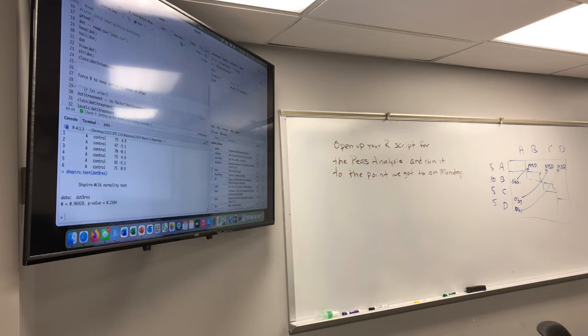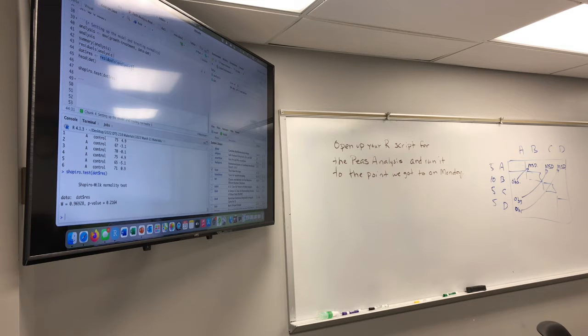We are trying to get all the residuals. And so what we do is we run the analysis, but we are running the analysis so that we can get the residuals, because it's the residuals that we're going to use to actually test for normality.